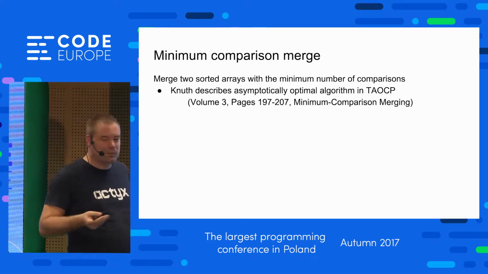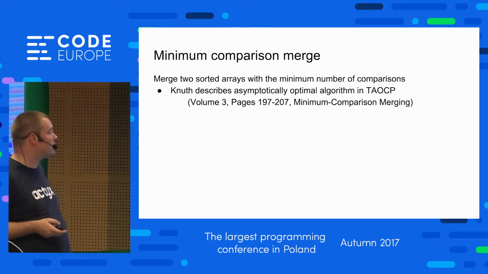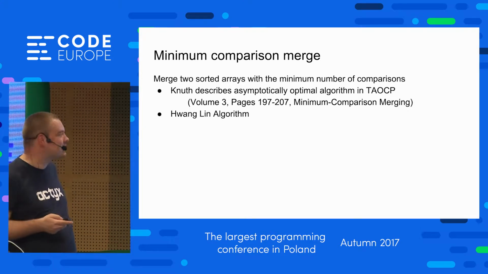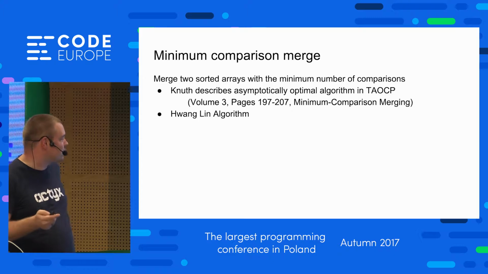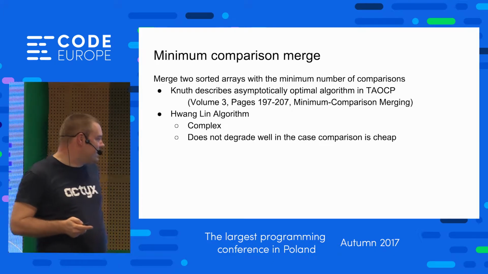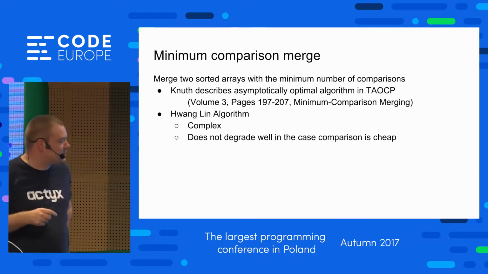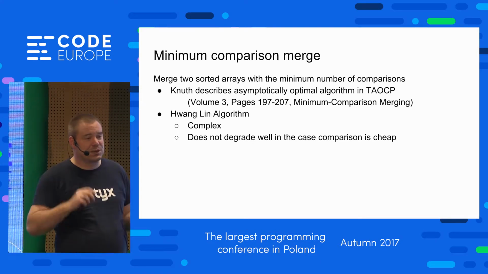This is described in The Art of Computer Programming by Donald Knuth. Some people might know it, and it's called the Hwang-Lin algorithm. But this is pretty complex, and it does not degrade well in the case where you have a very cheap comparison.